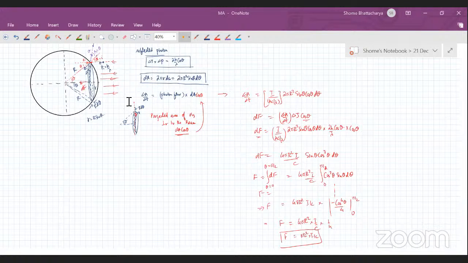Area, na? See, if you visualize this ring, it's like a ribbon you've wrapped around the sphere, which is having a curved surface. But the beam of light which is coming, it's coming parallel to the horizontal diameter. So from the angle at which the beam of light is coming, how much is the area of that ring which is projected perpendicular to it?